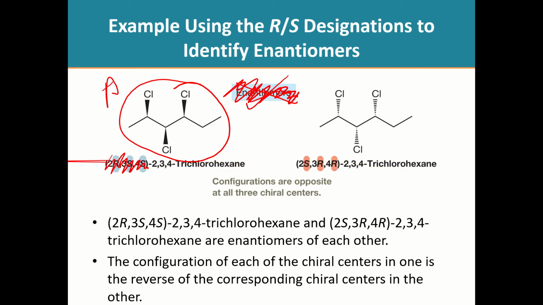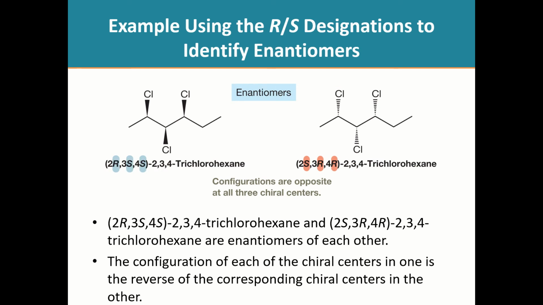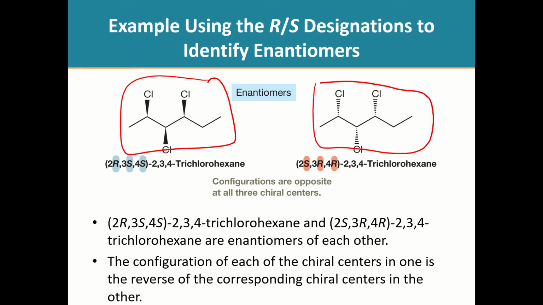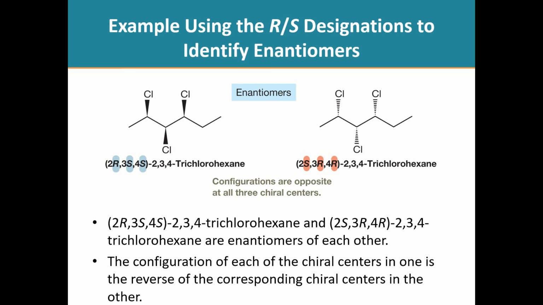So here is another way that you could do it. You could name them. Name both of them. Okay? So now we have our names. And then you identify the stereocenters and write down what the configurations are. Okay?